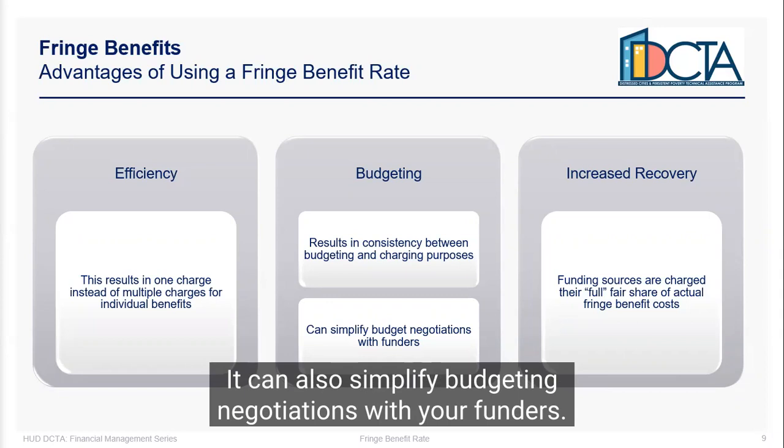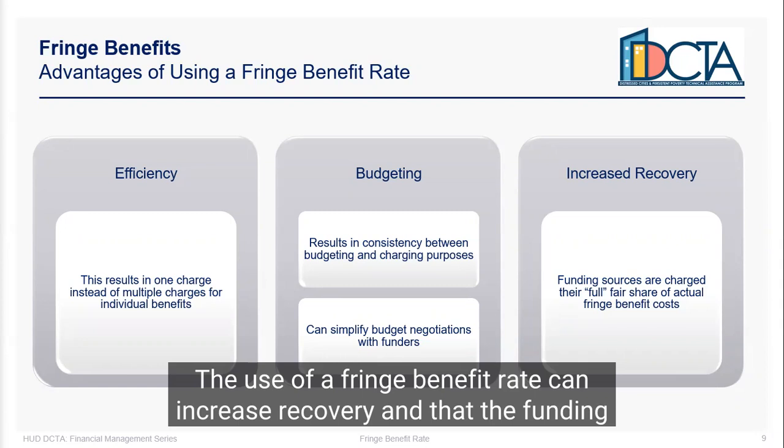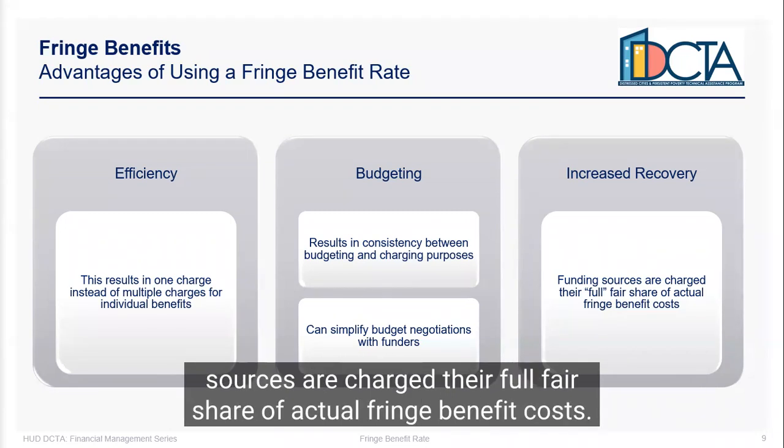It can also simplify budgeting negotiations with your funders. Another advantage is that it will help to increase recovery. The use of a fringe benefit rate can increase recovery, in that the funding sources are charged their full fair share of actual fringe benefit costs.